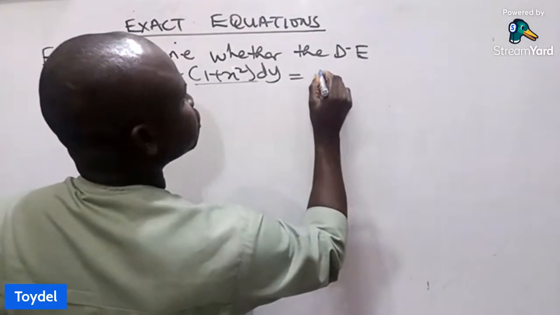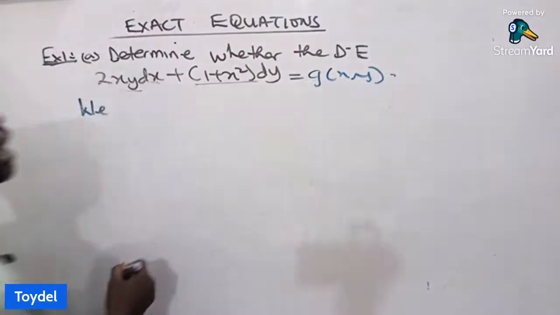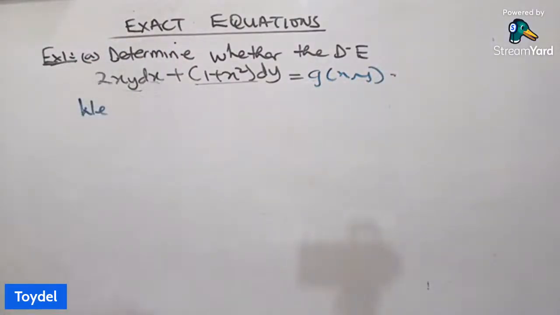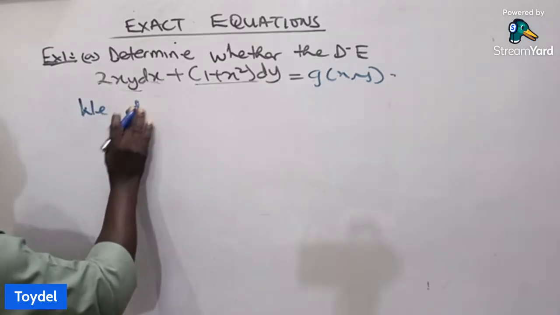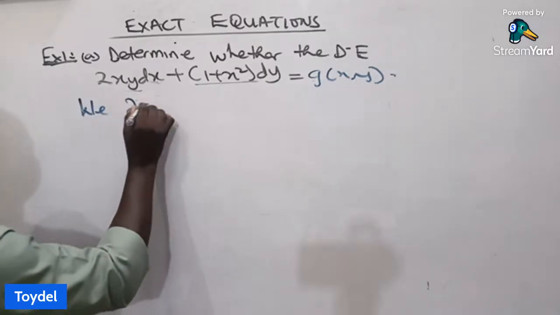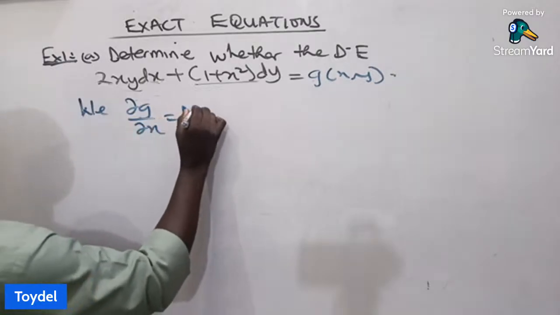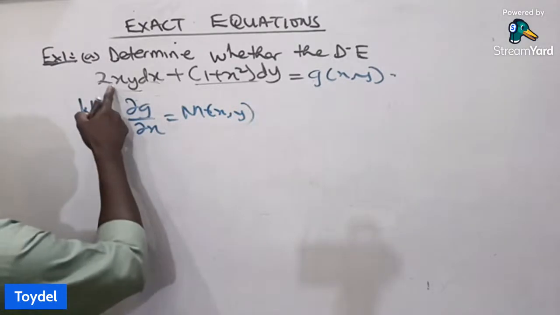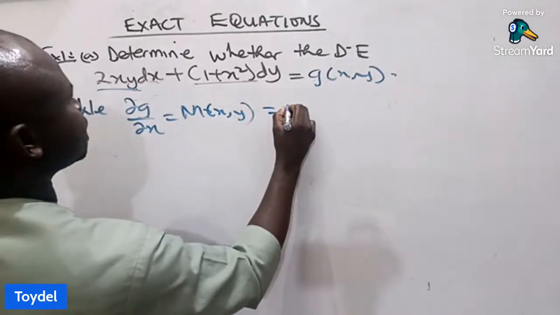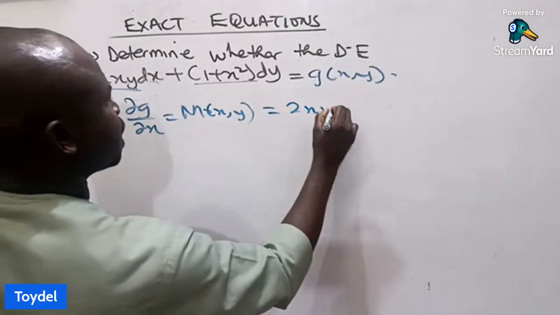So g of x comma y. That's the other method of solution. We are going to have the partial derivative of g with respect to x equal to M of x comma y, and M of x comma y here is the same thing as 2xy.